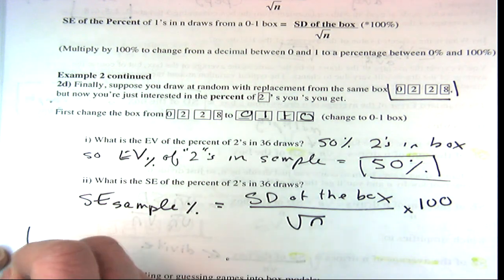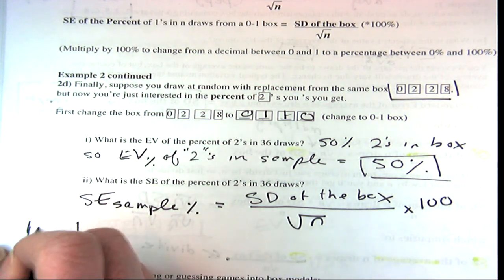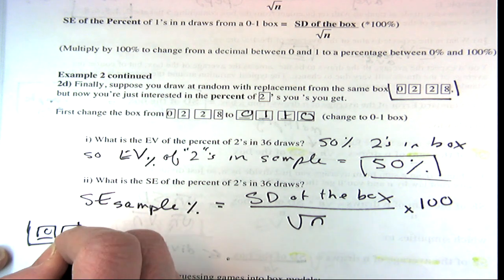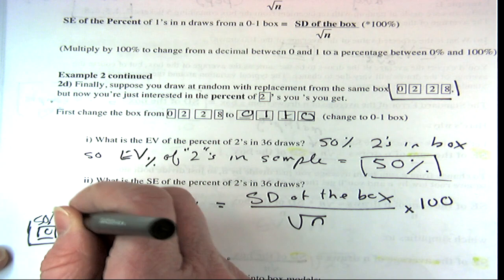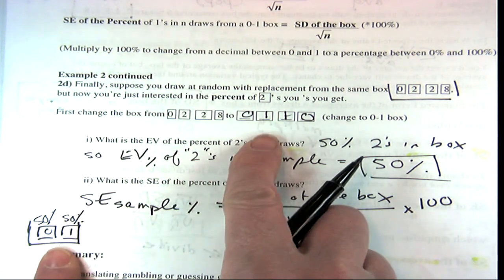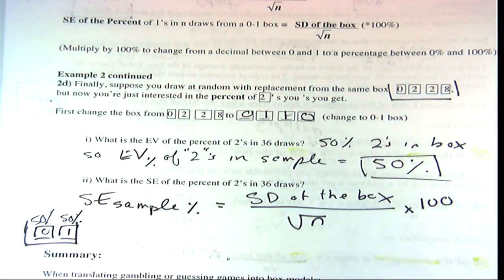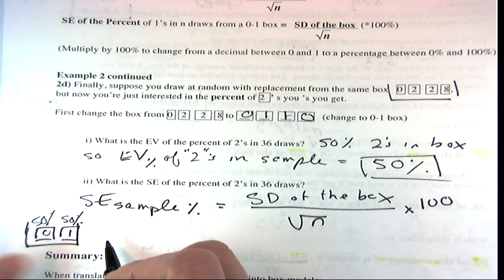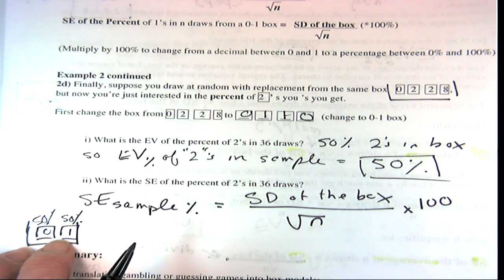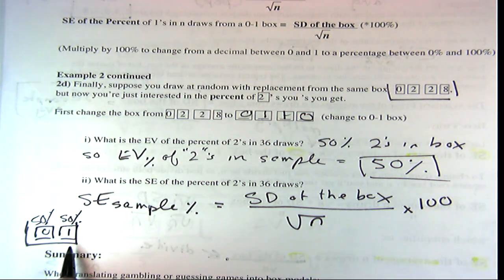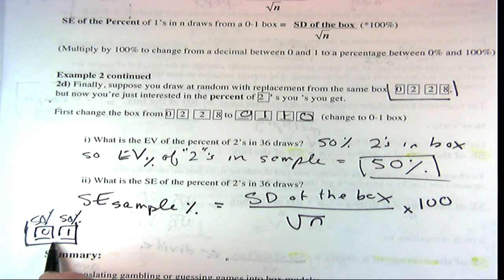Here, you have a box that has 0 and 1. And let's say it has 50% of this and 50% of that, like that one does. So the standard deviation of this box, the average is a half, isn't it? And 1 deviates by a half, by 0.5. It's 0.5 above.